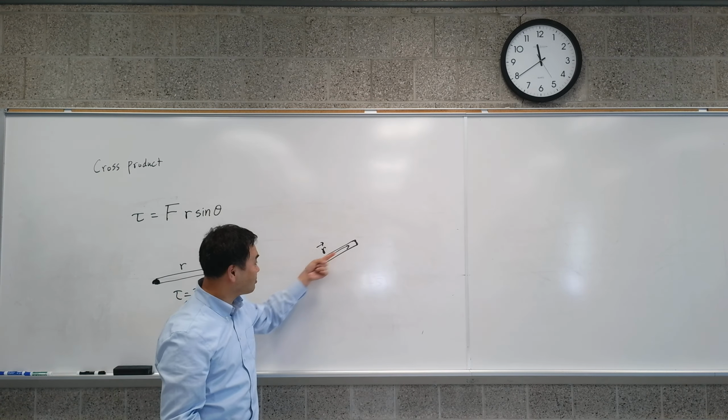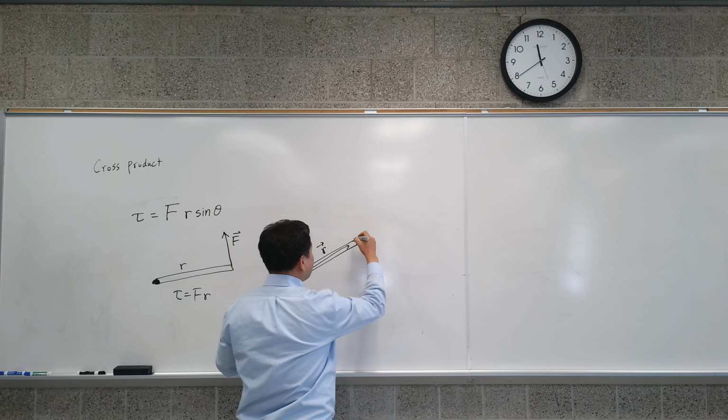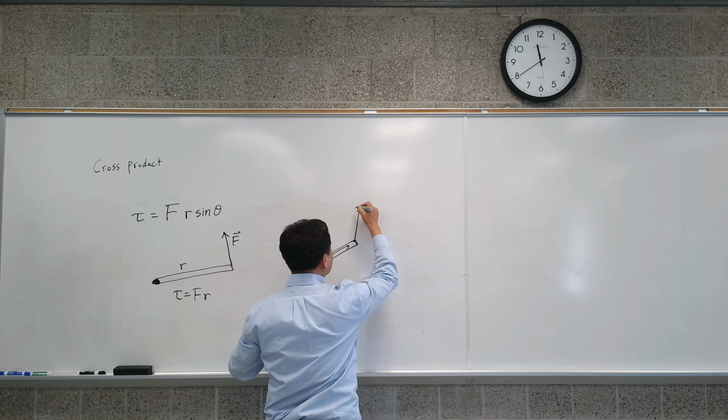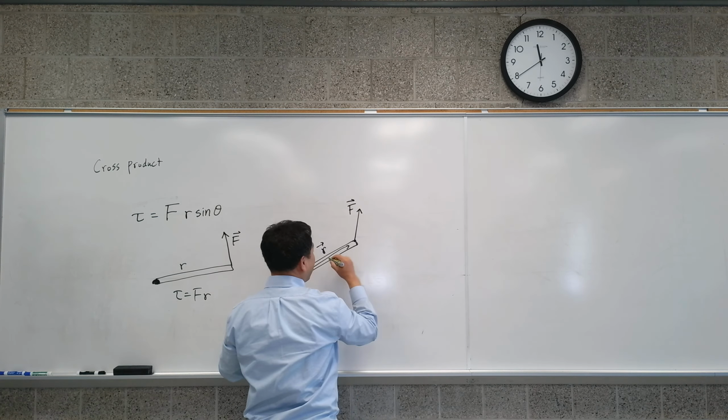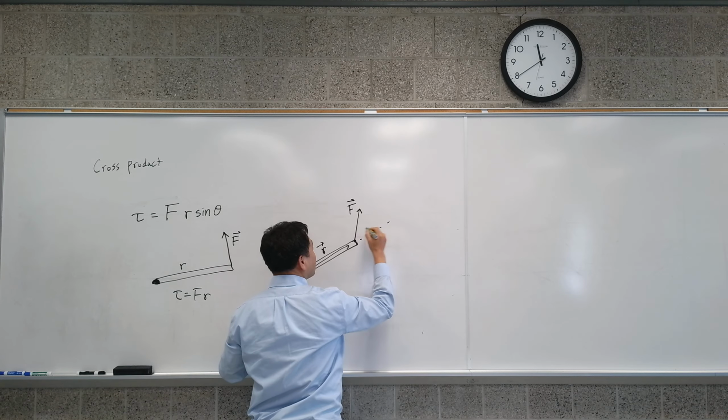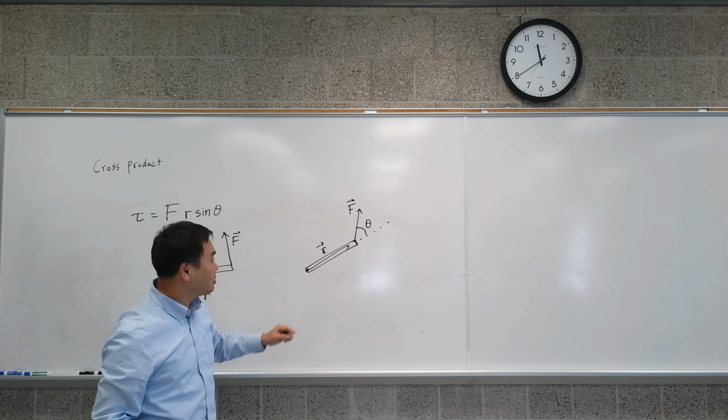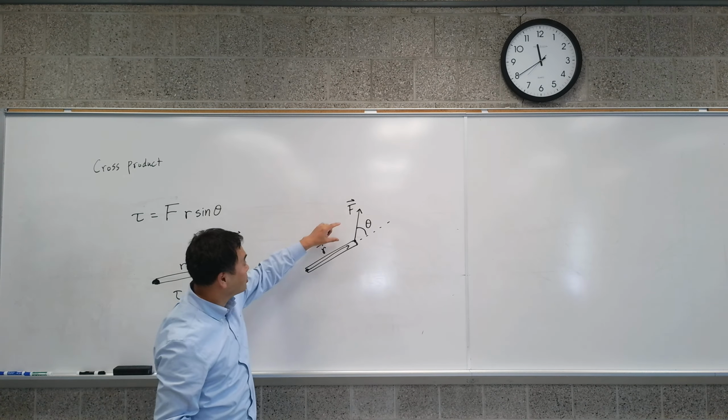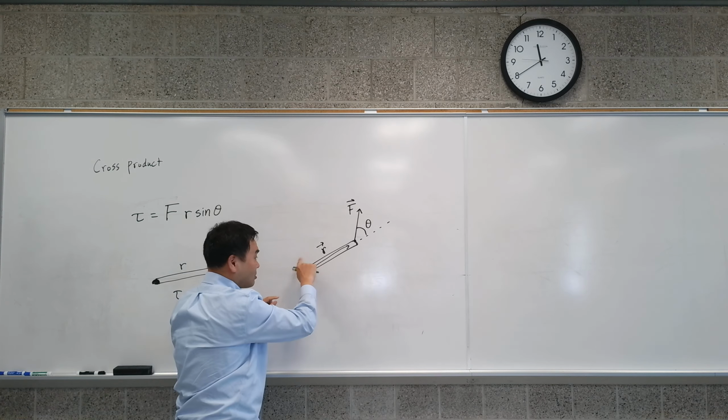So this vector is like that, and then if you apply some force F to this, then the angle between the two vectors will be this angle, right? Because vectors you can move around. If you move this vector over here, then the angle between the two vectors is this angle theta.